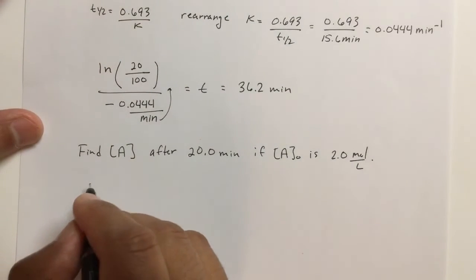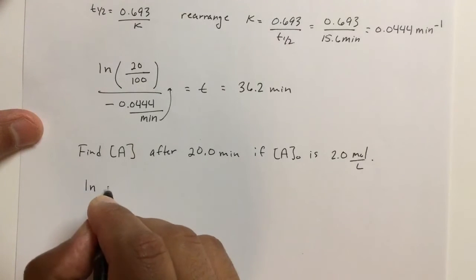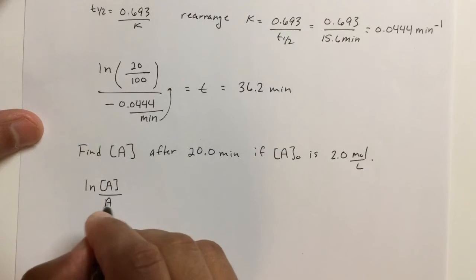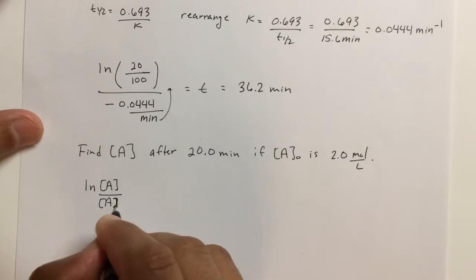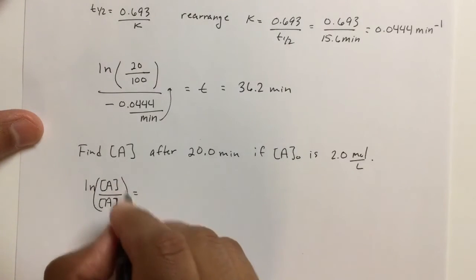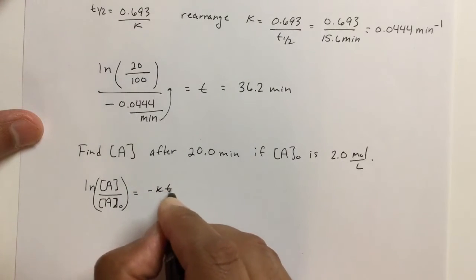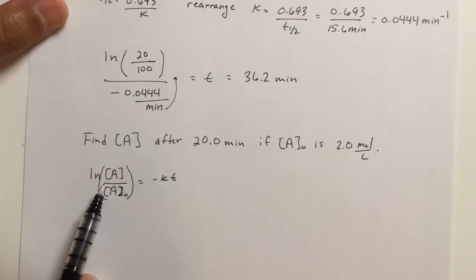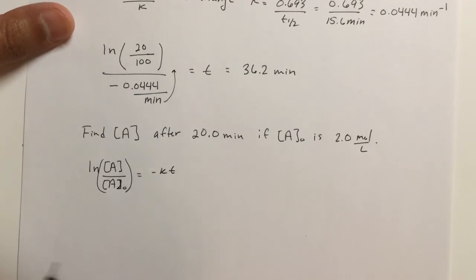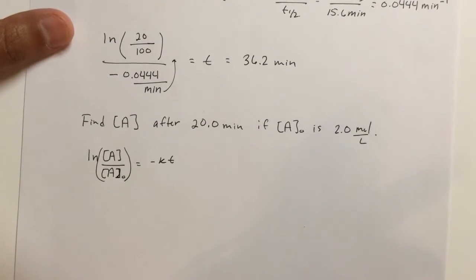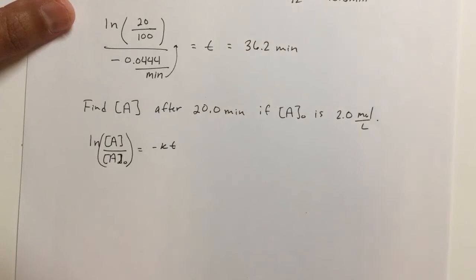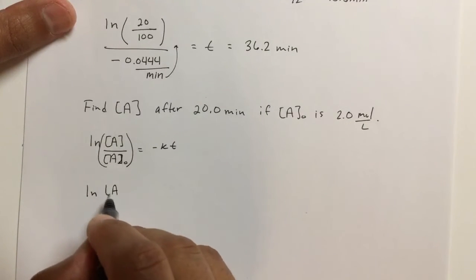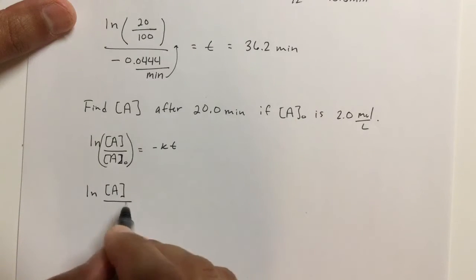So let's set up our first order integrated rate law, and we're looking for A. Let's plug in our data. We don't know what A is.